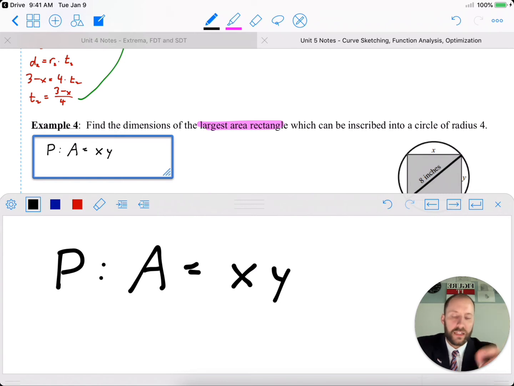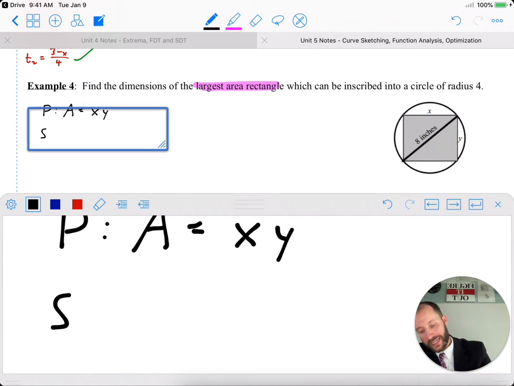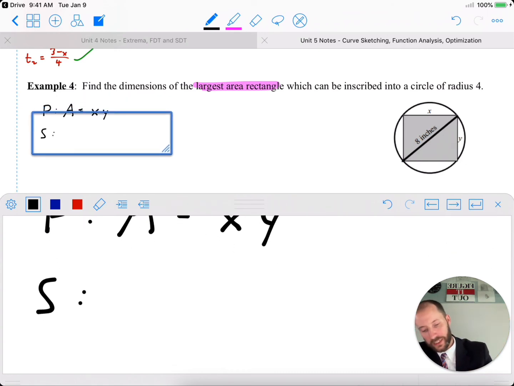Now look at this circle. We need a secondary equation that relates to the rectangle inscribed in the circle. The circle has a radius of 4, so it has a diameter of 8. The rectangle should fit in there with right angles.